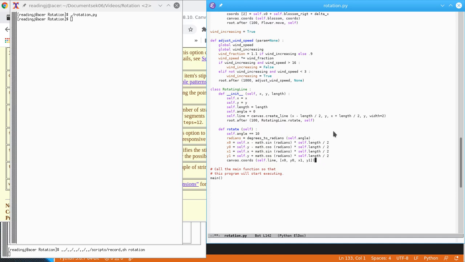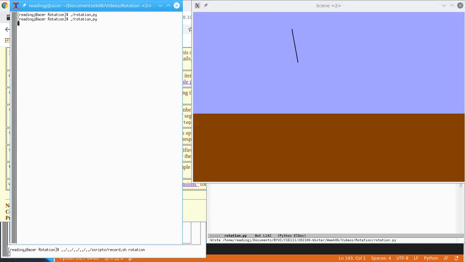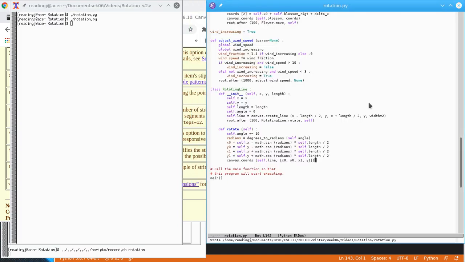So it starts off flat. It should be slanting uphill just a little bit, if I did that right. Let's see what happens. Well, it's close, except it rotated at 100 degrees instead of 10. So, yeah, I had it backwards in my mind.